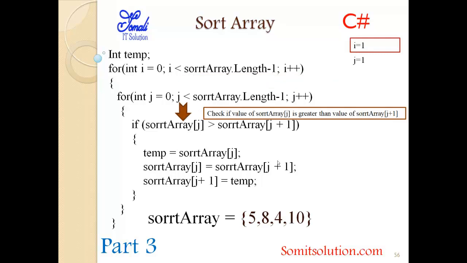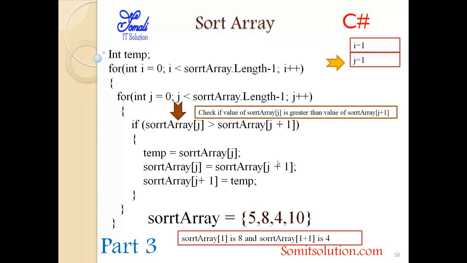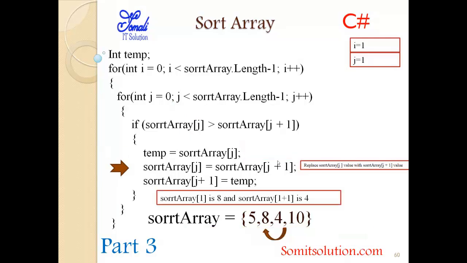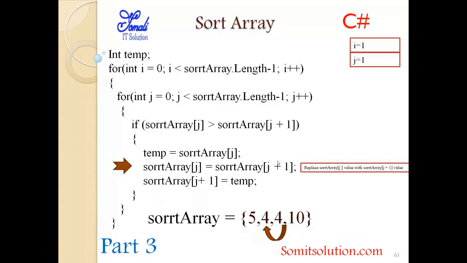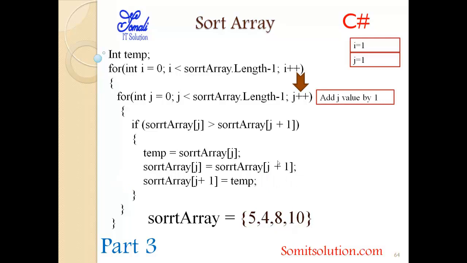Sort array of 1 is 8 and sort array of 2 is 4, so 8 is greater than 4. Let's do the next step. Initialize sort array of 1 value into temp variable. Initialize sort array of 2 value into sort array of 1. Initialize temp value into sort array of 2. Add j value by 1.